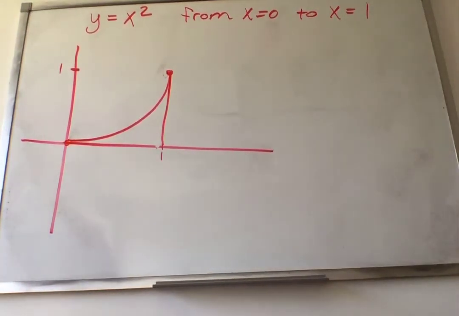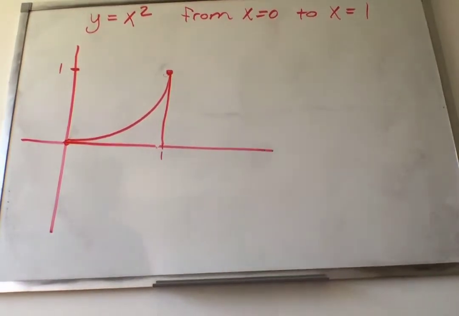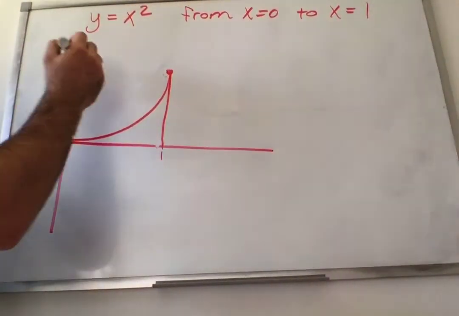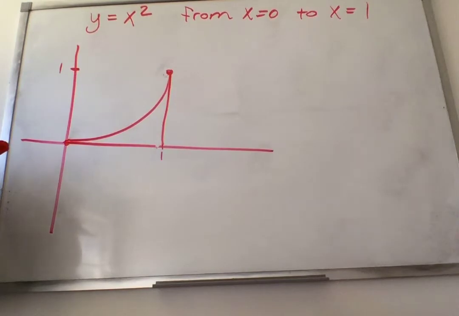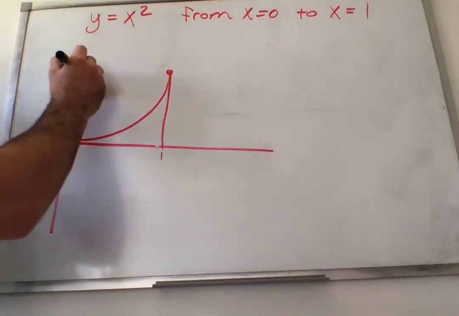Now let's do a very, very basic case. Let's say our rectangle, and when I say rectangle, it could be a square, because a square is a rectangle.